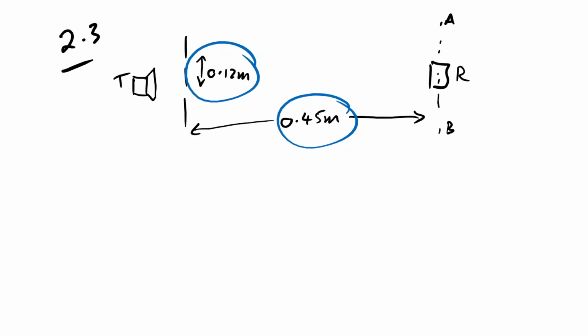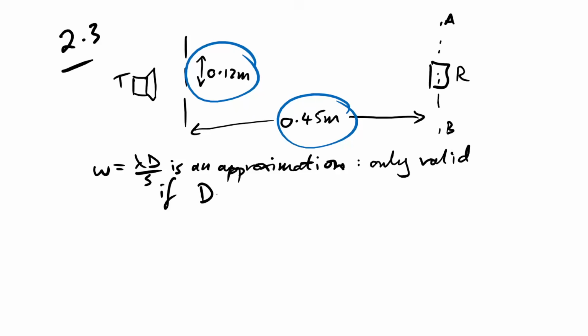They're very similar. So we can say that the equation w equals lambda D over s is an approximation, only valid if the slit-screen distance is much, much bigger than the slit separation. And that's it. It's only 1 mark.